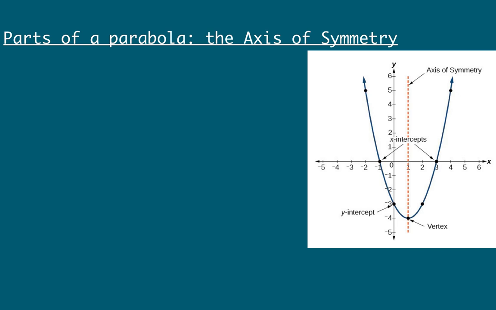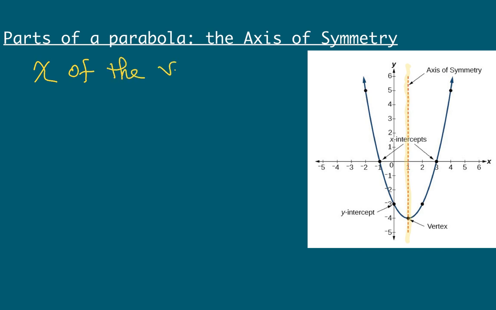The next part of a parabola that we'll look at is the axis of symmetry. Parabolas are symmetric. If you folded them in half, they would be identical on each side of the line that you folded them in half, and that line is called the axis of symmetry. That line goes right down through the x coordinate of the vertex. So that axis of symmetry is the equation x equals the x of your vertex.